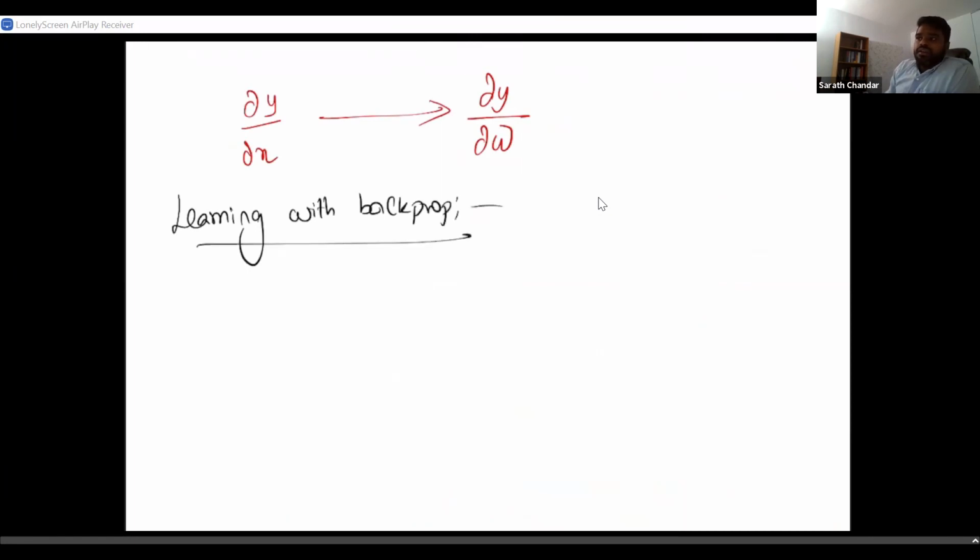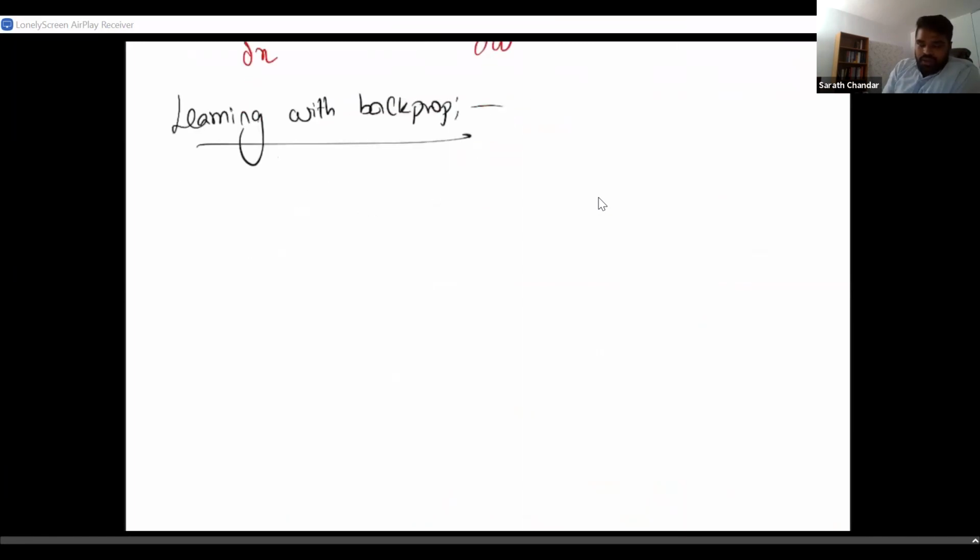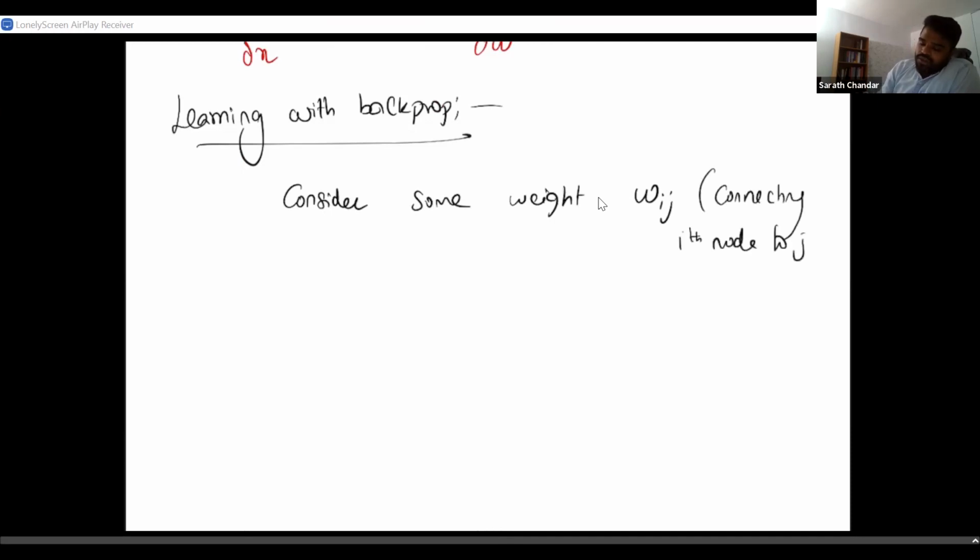Now consider some weight wij. This weight wij is connecting the ith node to the jth node.